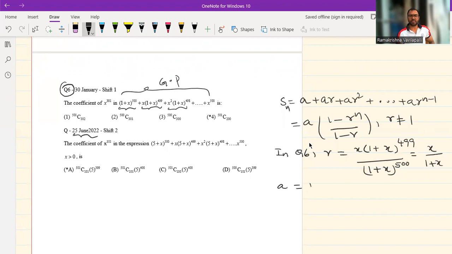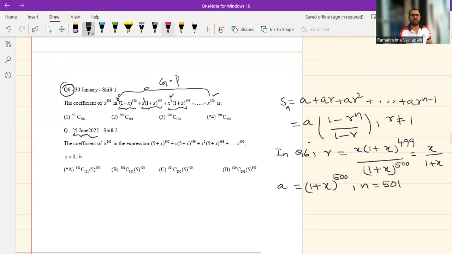A is the first term, that is (1 plus x) whole to the power of 500. Next, how many terms are there? You just count it. Here, x power 0, x power 1, x power 2, and so on up to x power 500. So there are 501 terms, n equals 501.